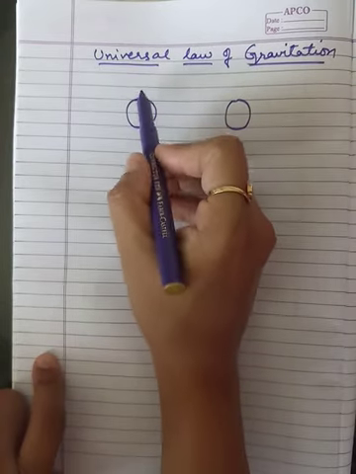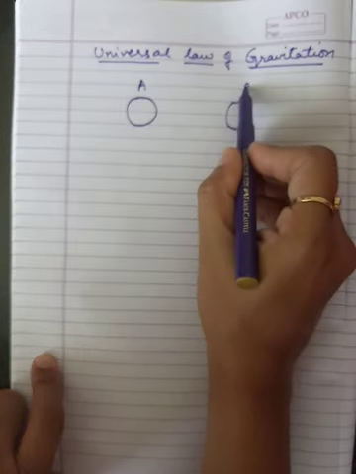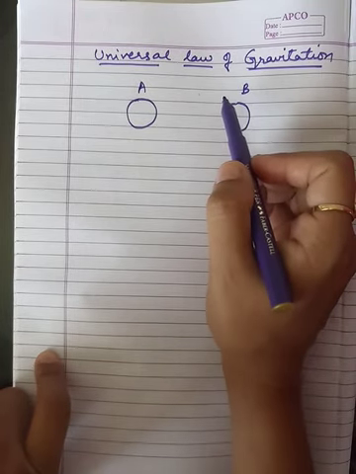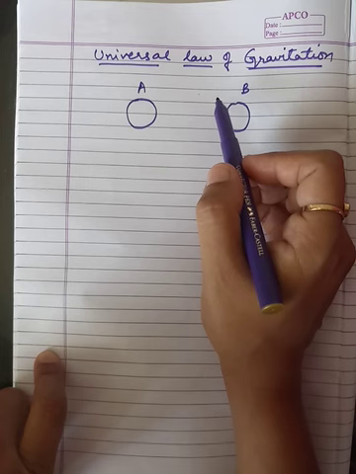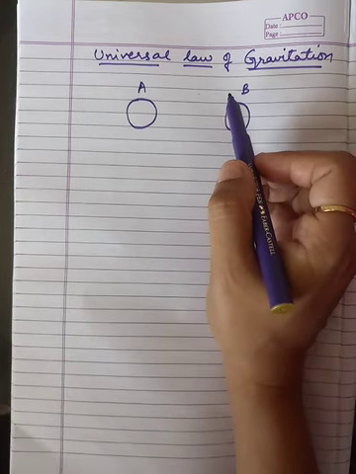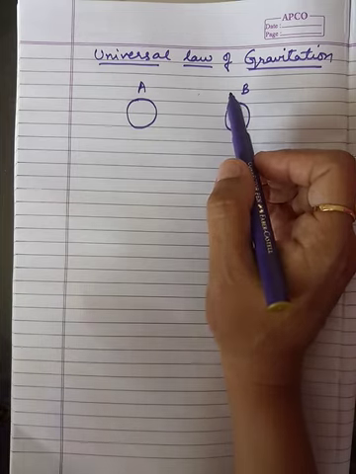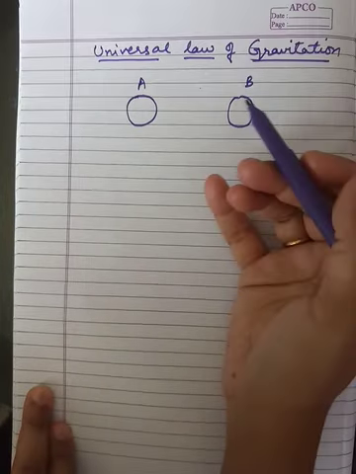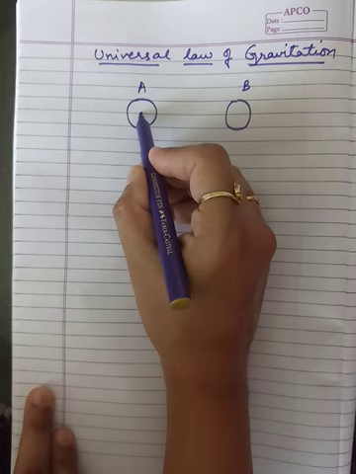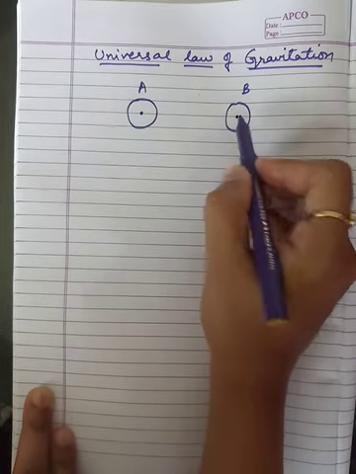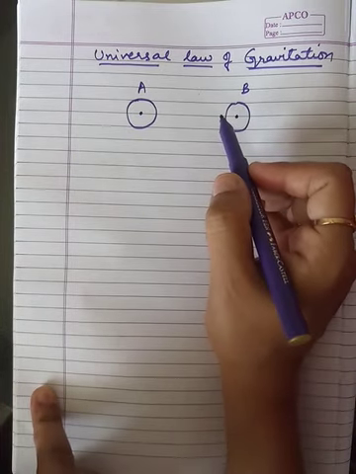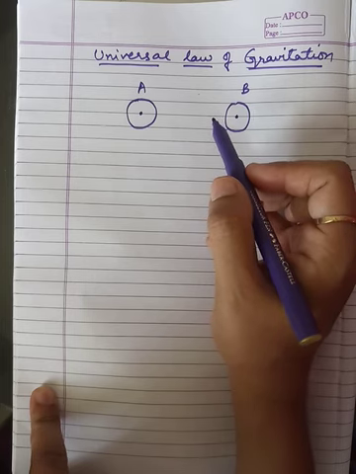Let us name them object A and object B, as it is similarly denoted in your NCERT book. Let us say these are two large heavenly bodies, like two planets, or the earth and the moon.